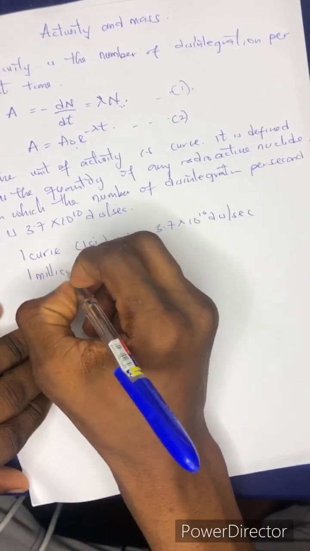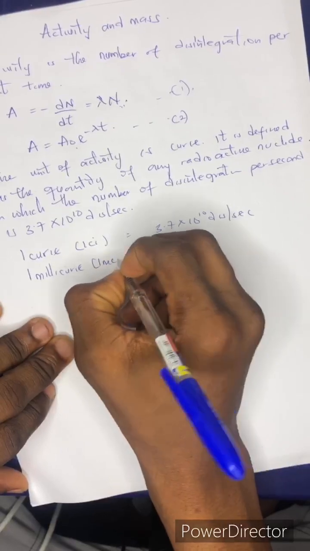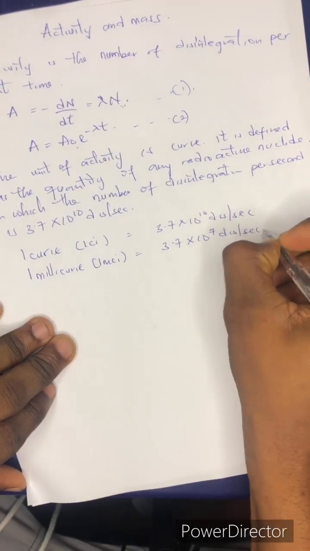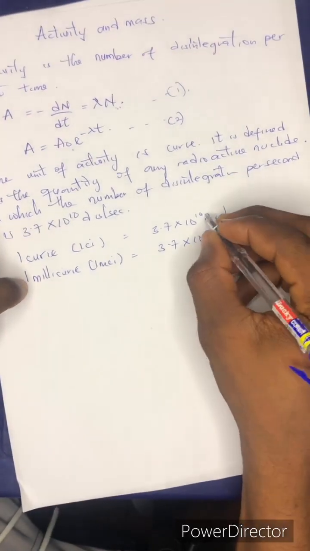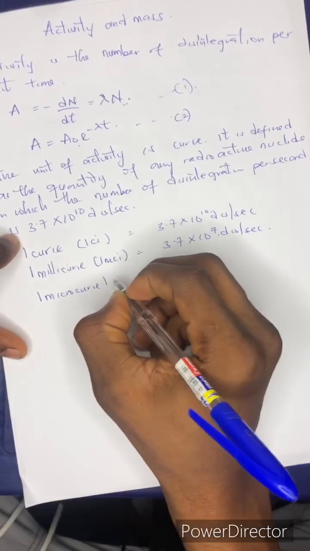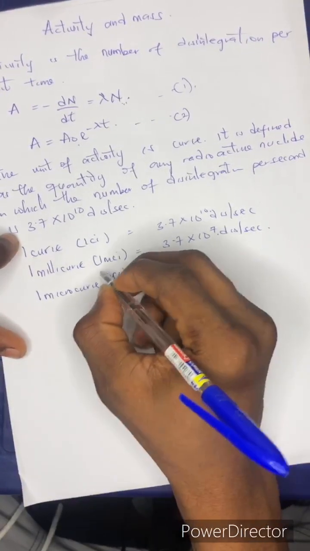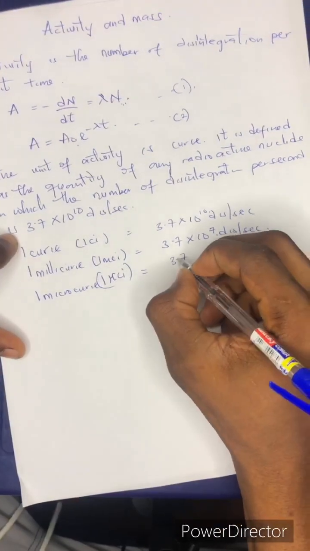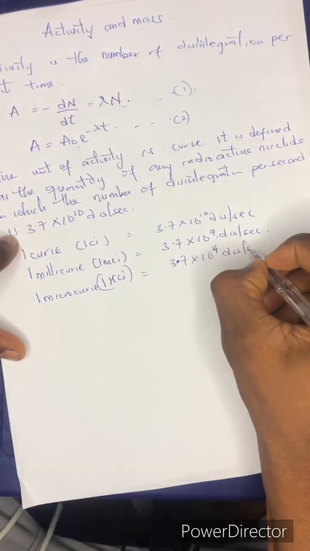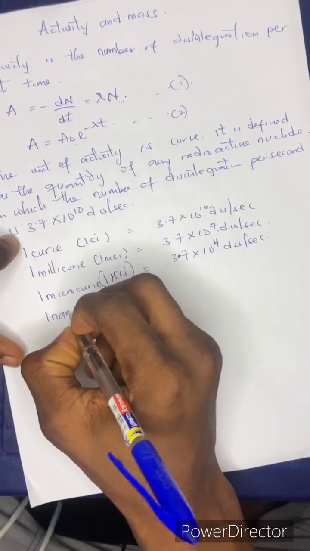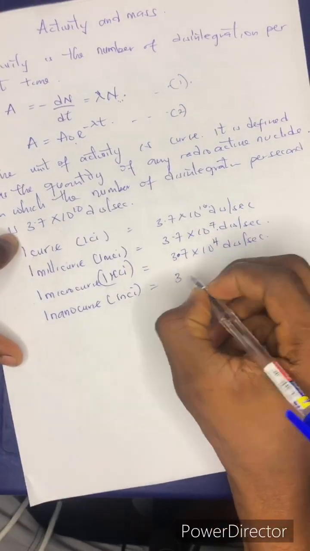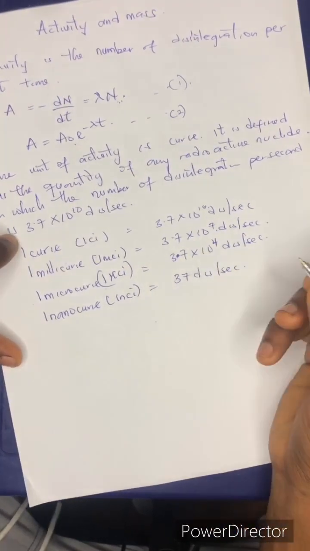Milli is times 10 to the power minus 3, so 1 millicurie is equivalent to 3.7 times 10 raised to the power 7 disintegration per second. 1 microcurie is times 10 to the power minus 6, so that is 3.7 times 10 to the power 4 disintegration per second. 1 nanocurie, which is 1 nCi, is 10 to the power minus 9, so that should be 37 disintegration per second.